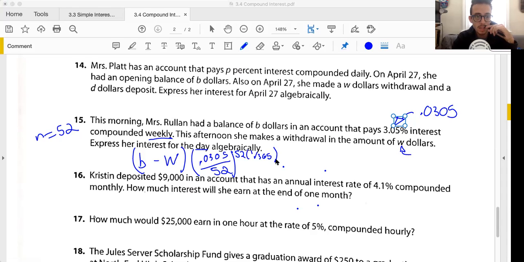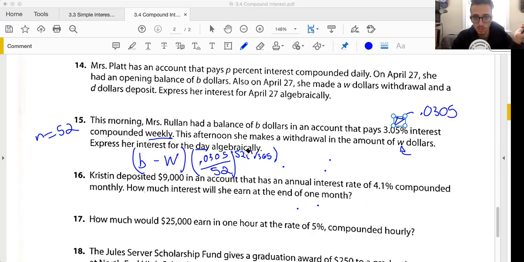And we put that in 0.0305 times that 52. Oh, so this is just after 1 day. So actually I don't think that we need this part here. So we actually can get rid of this. We don't need that exponent because this is just after 1 day.